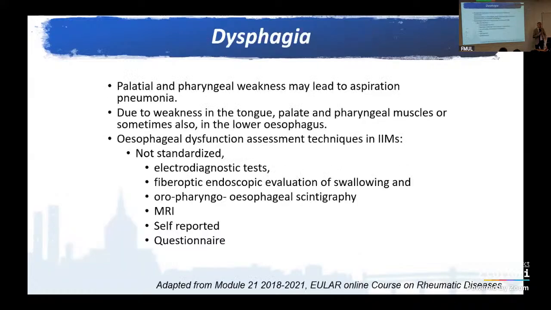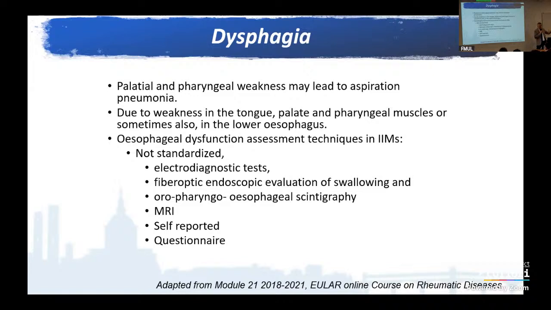Then we have dysphagia, and we have a problem with dysphagia because we have no clear definition of the tools we should use to define dysphagia. Maybe I could ask the patient if he's facing some problems. Maybe I could perform electrodiagnostic tests.